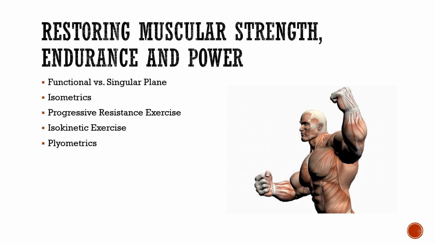Restoring strength, endurance, and power. Obviously, these are very common and fairly well understood in our world. Usually you start with singular plane, move to functional, isometrics right early on, progressive resistance, possibly isokinetic, and then finally for power, right, plyometric activities as well.